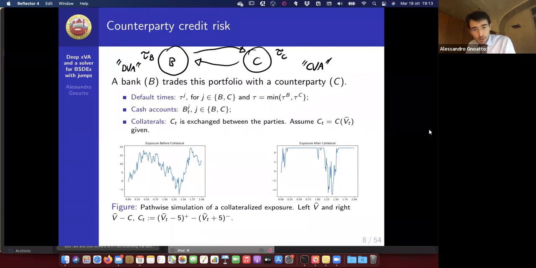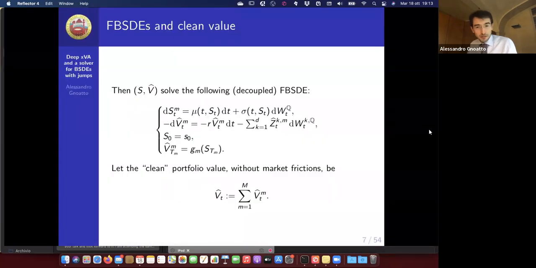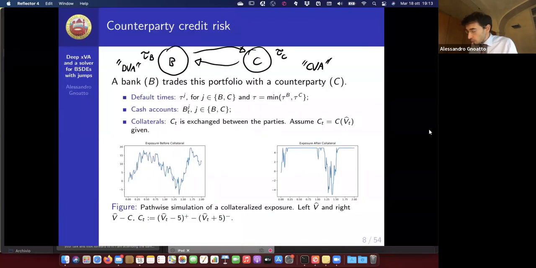In order to reduce the outstanding exposure, people can exchange collateral. We all know what a margin call is from the way futures are traded. When you trade a future, you exchange margins every day. Collateral means simply take any standard derivative and turn it into a forward. So you look at the mark-to-market of your portfolio V hat, and then with your counterparty you start exchanging cash flows.